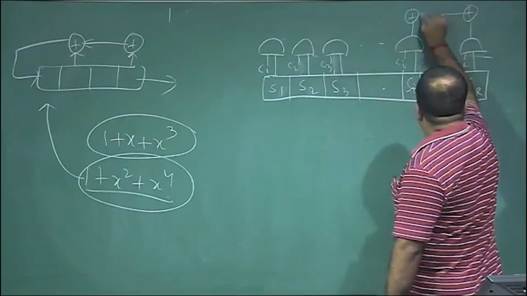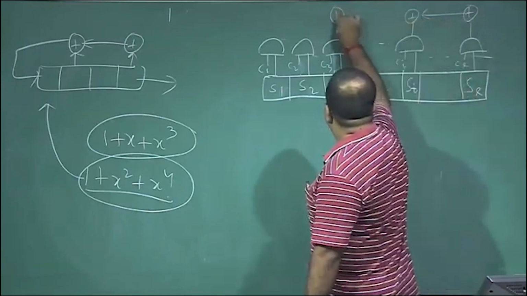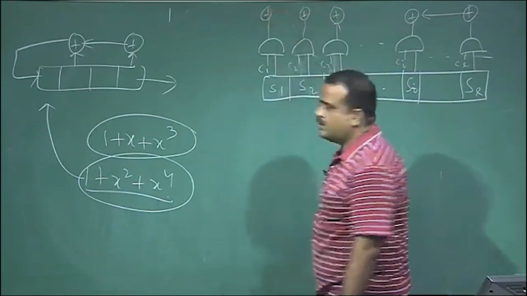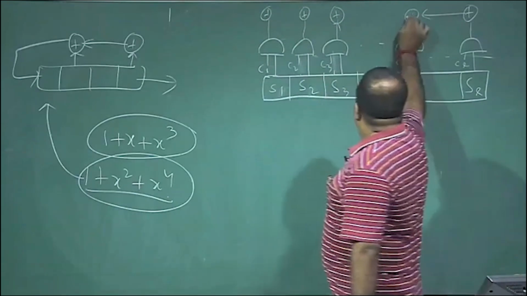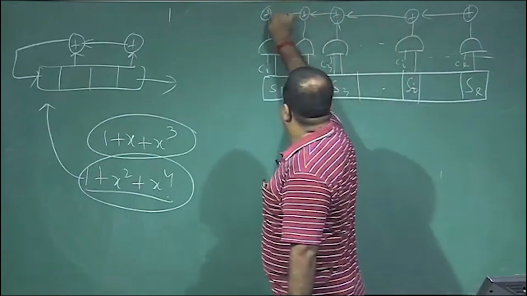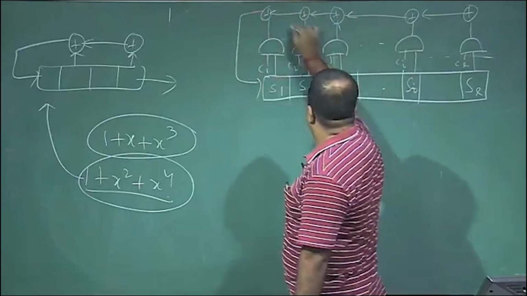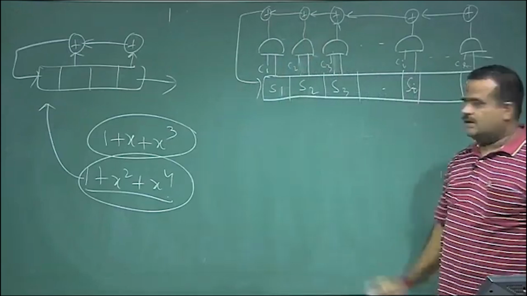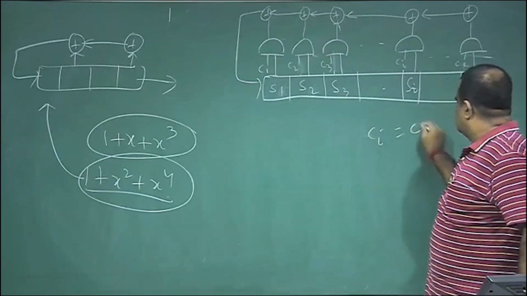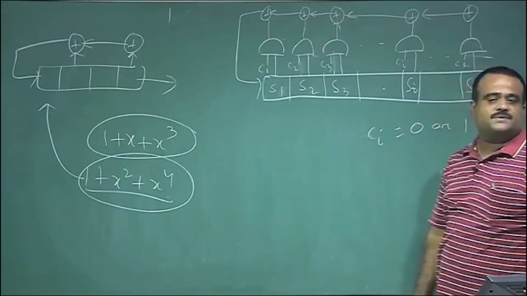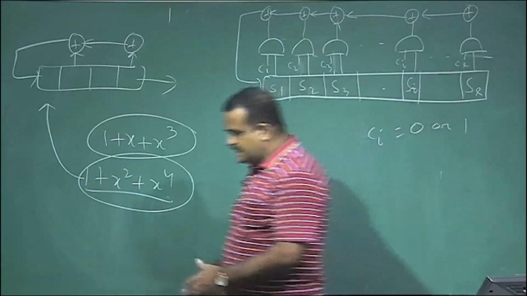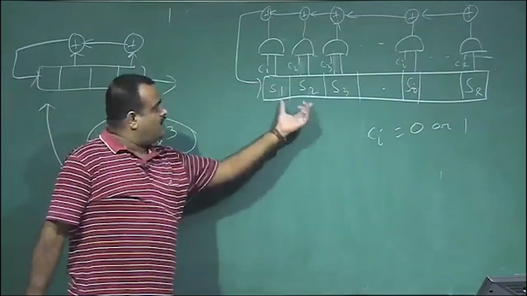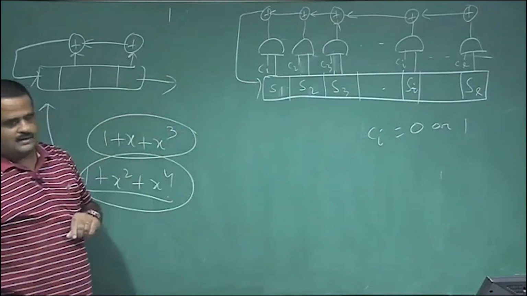So, these are all the feedback connections and this is going here. These Ci are either 0 or 1. If Ci is 1, then that corresponding state or field will be contributing in the feedback.